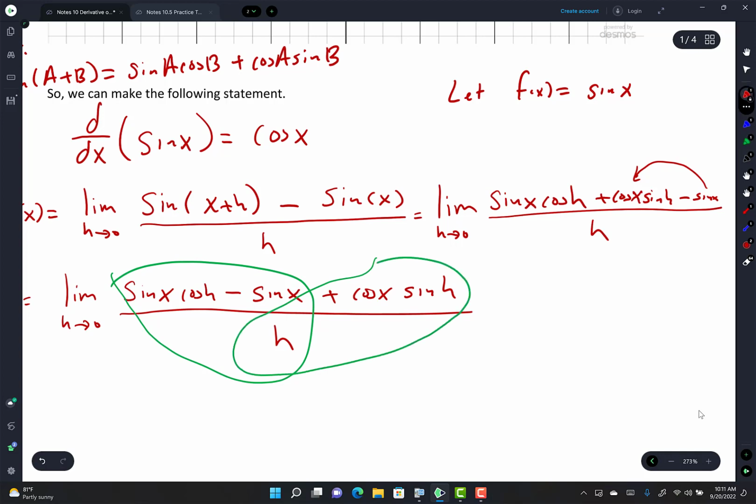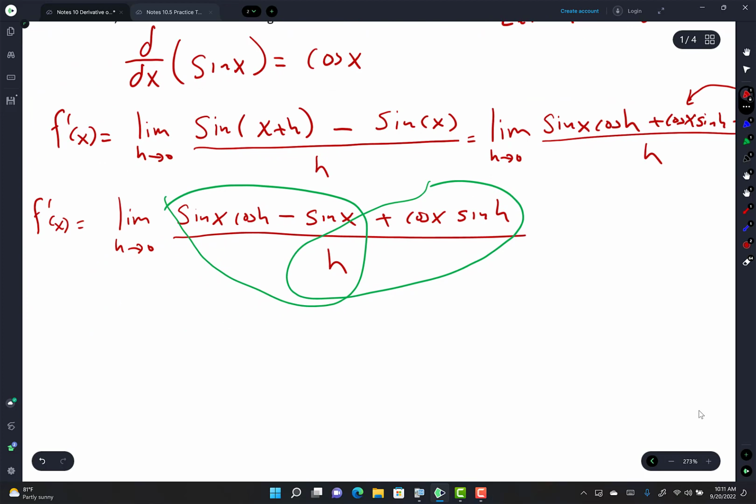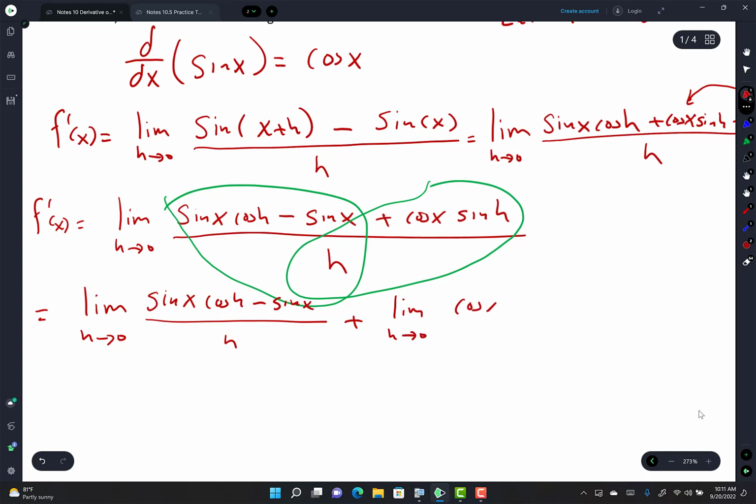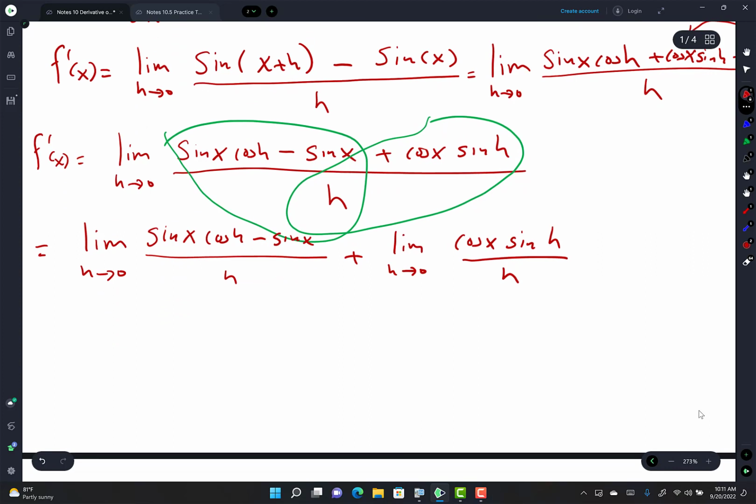So here we go. I'm going to start a new statement down here. I'm going to write equals the limit as h approaches 0 of sine x cosine h minus sine x all over h plus the limit as h approaches 0 of cosine x sine h over h. Yeah, we still got enough space.